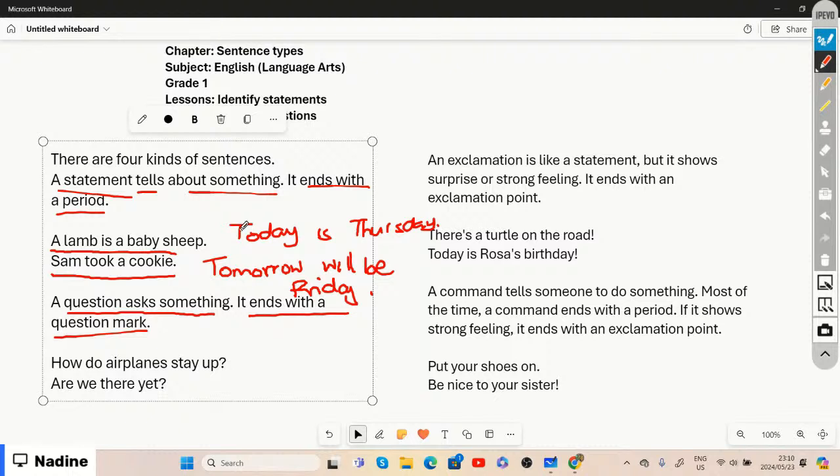And examples of a question are, how do airplanes stay up? That's a question. Or it's asking a question, are we there yet?